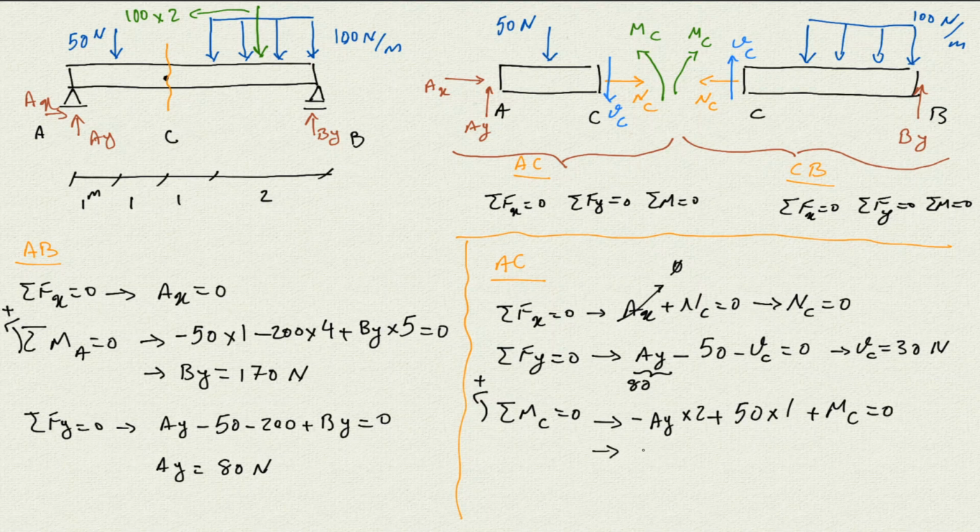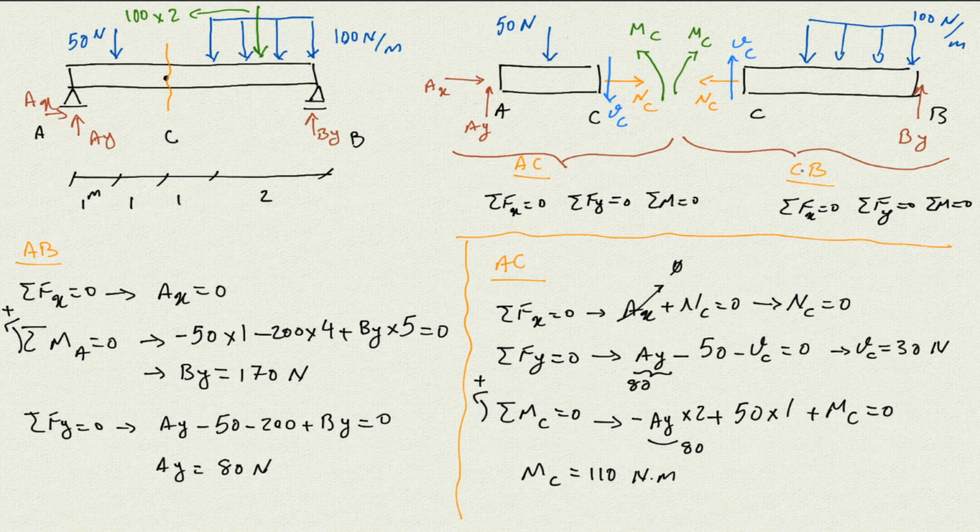We know that Ay is 80, so if we substitute everything, the MC comes out as 110 Newton per meter.